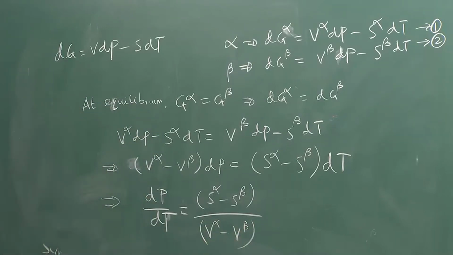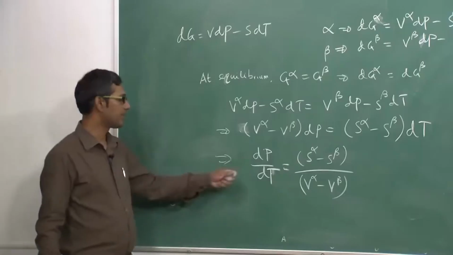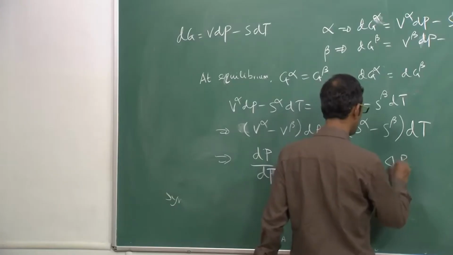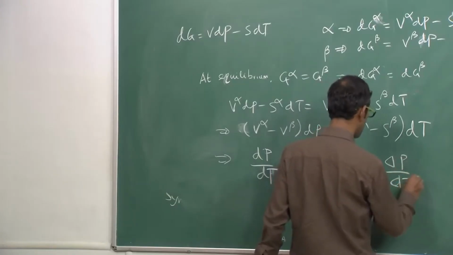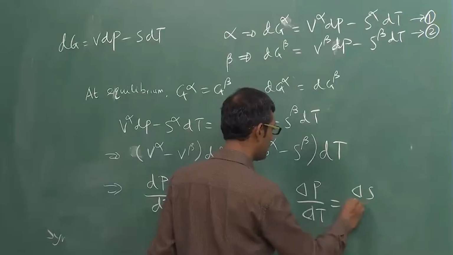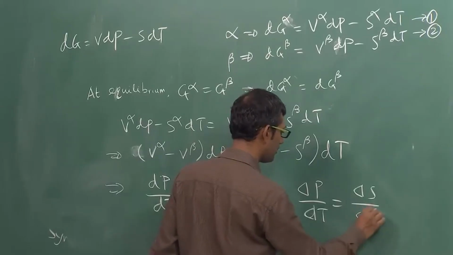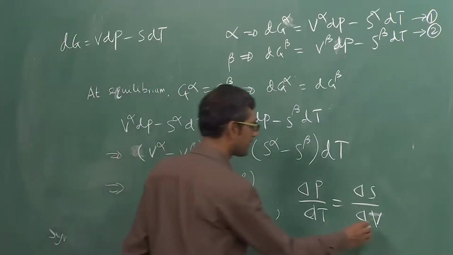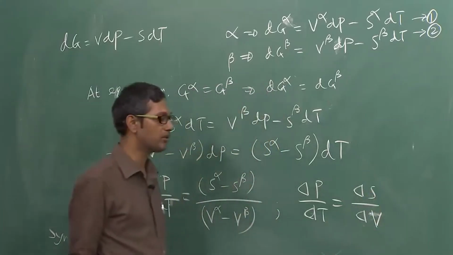So that's how the pressure will vary, as a function of pressure that will have an effect on the temperature. We can always write it in differential form the other way. As you see here, that effect comes as a function of change of entropy and change of volume basically.